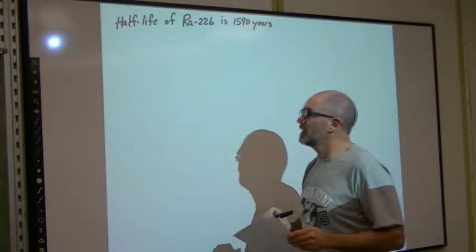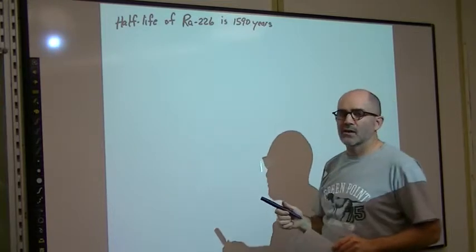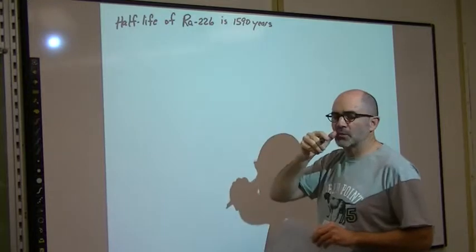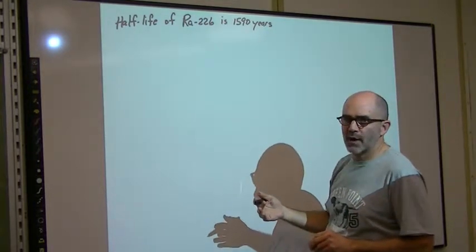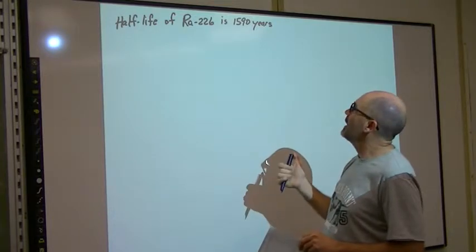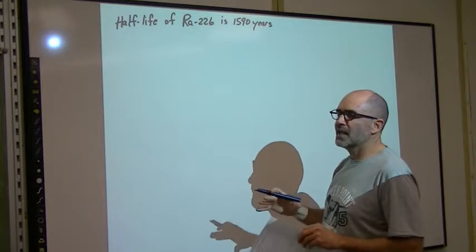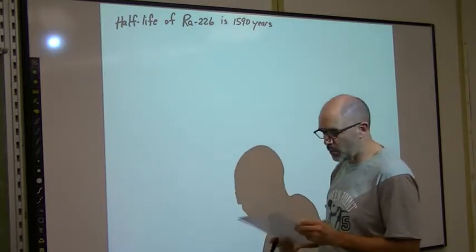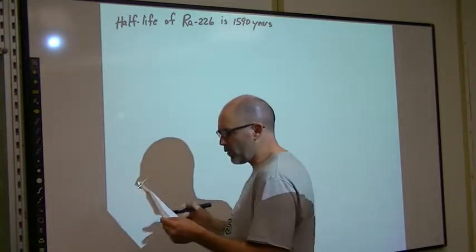What that means is in 1,590 years, 100 grams of this radium-226 will have deteriorated down to 50 grams. So in 1590 years, that's how long it takes for any sample of this to decay to half of what it was. Okay, so we're going to start with a sample of 100 milligrams.